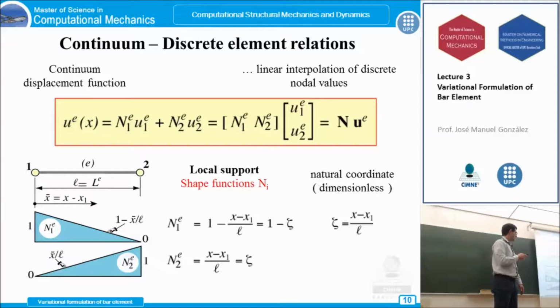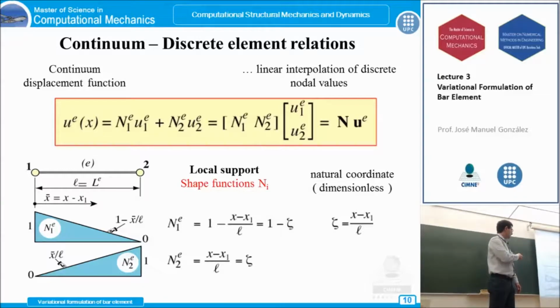So if our bar element has 2 nodes, we have 2 shape functions, which are characterized by using the conditions we must accomplish to have admissible kinematic conditions in the bar element.